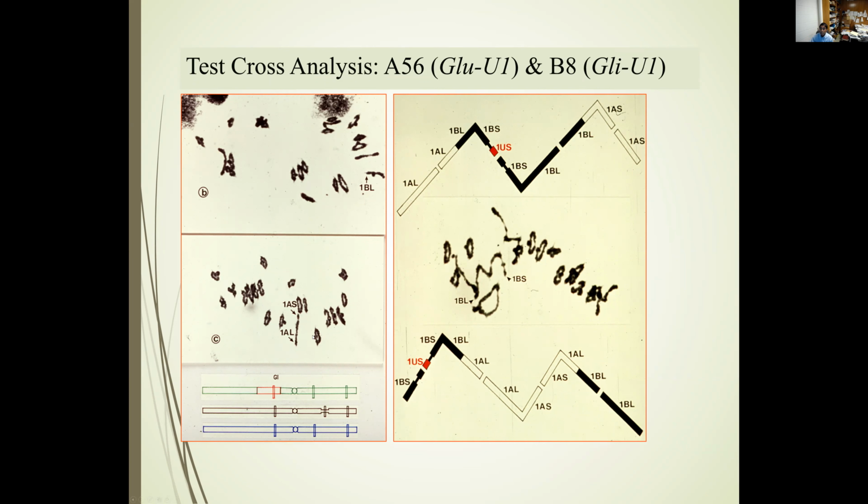On the right-hand side, high pairing, you see there is some quadrivalent. This is one quadrivalent, there's another one, and another one. This is a pentavalent, with 2 telosomes of 1B, short arm and long arm.